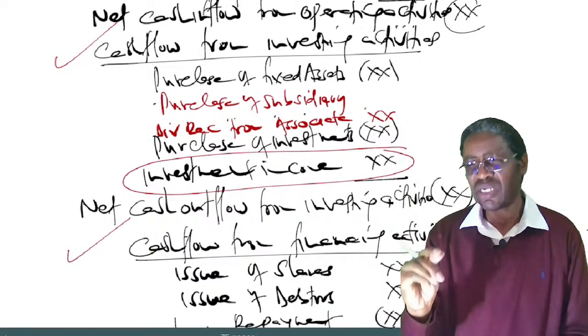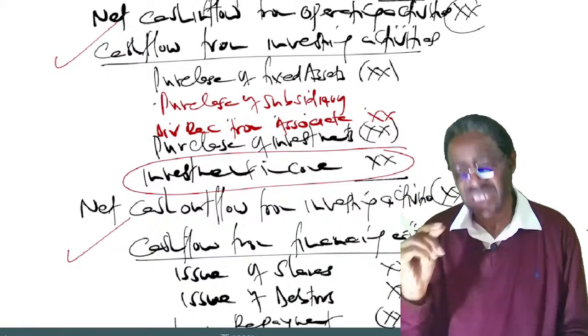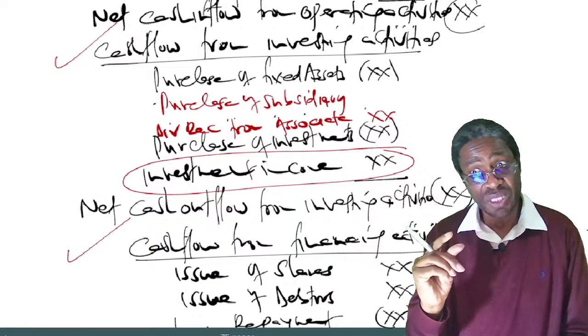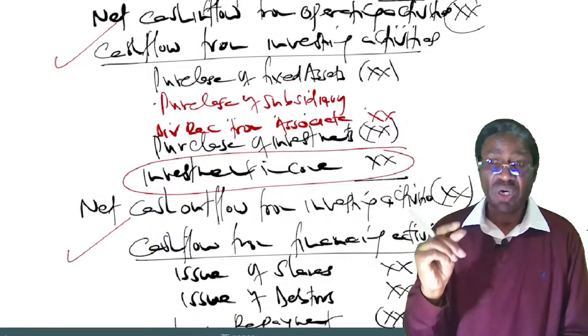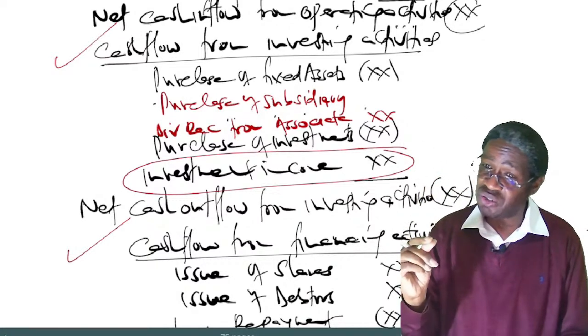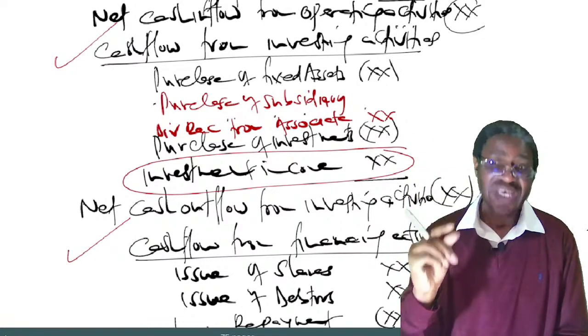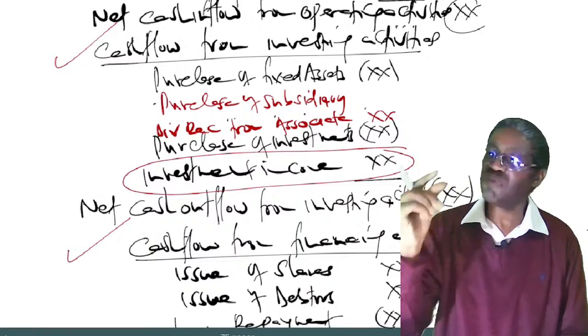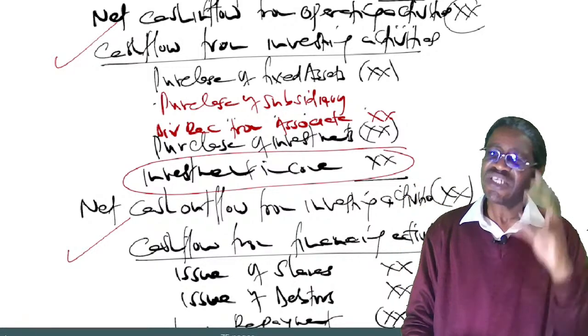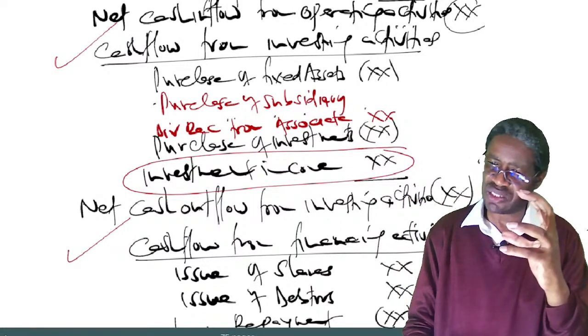It is an investing activity item. So from this question, we received 200 million from our investments. It is part of the profit before tax. Get the point?